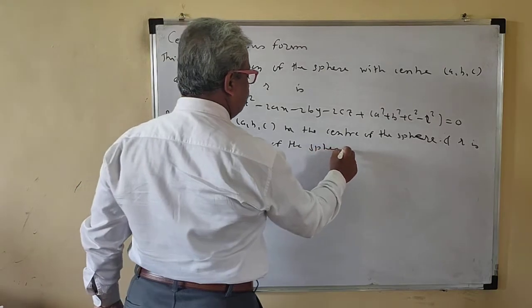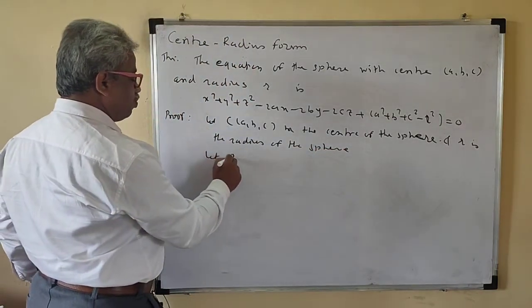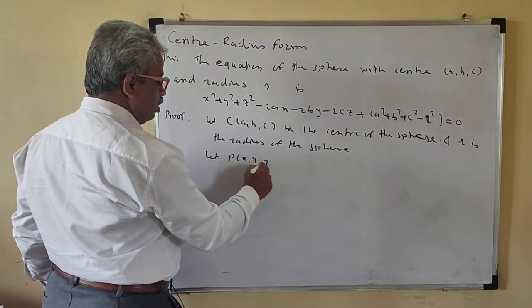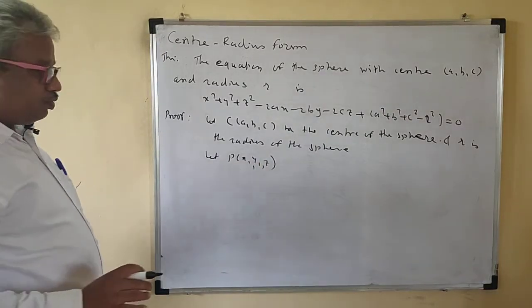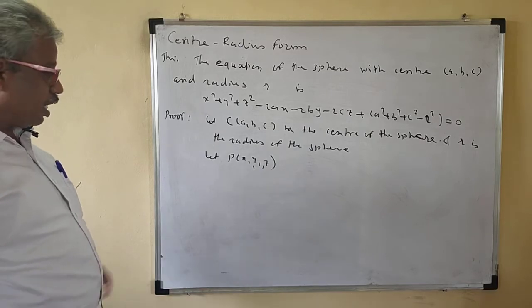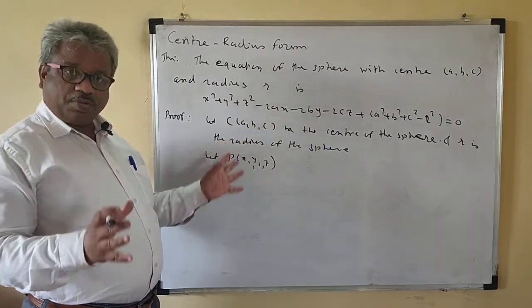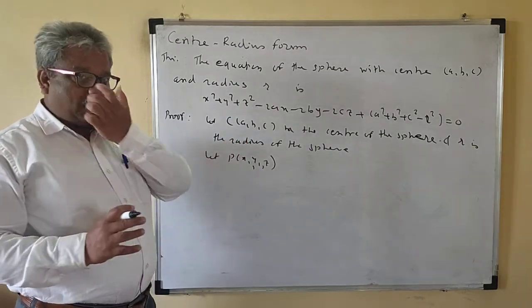This is given to you. Let P(x, y, z) be a point. You have to find a locus; finding the locus means you have to find the equation of the sphere.